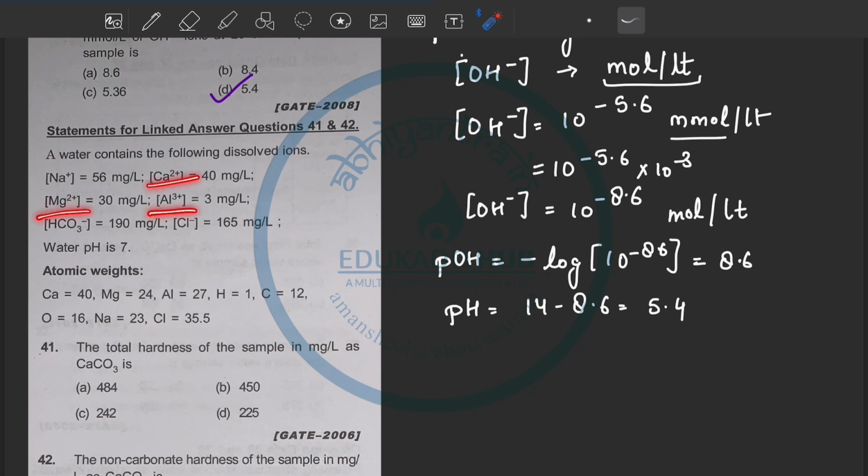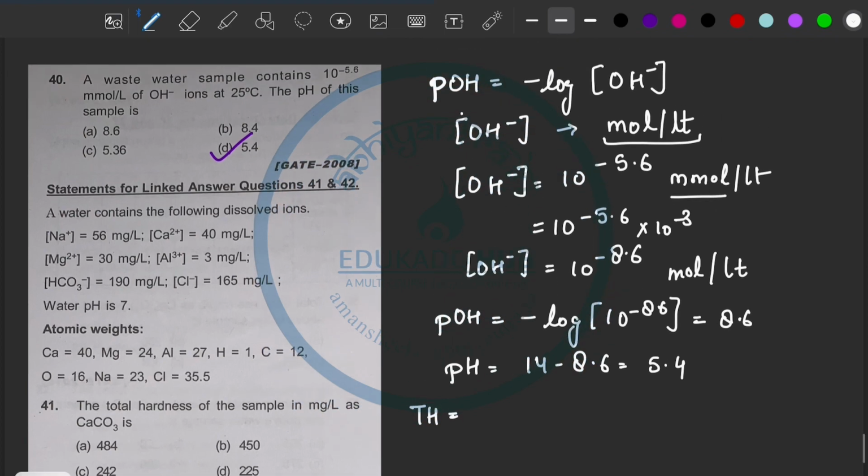So the total hardness will be, in milligram per liter as CaCO3, calcium ions divided by equivalent weight.